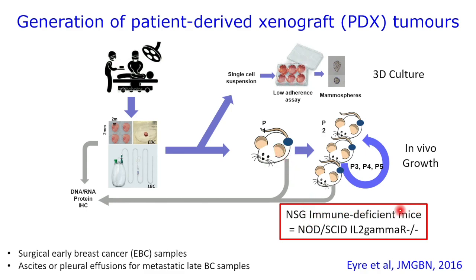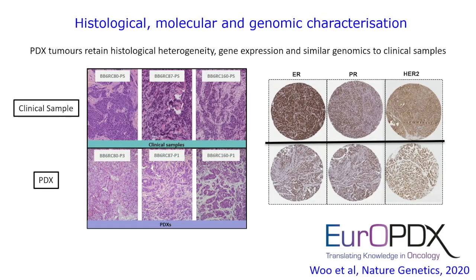We use these most immune deficient mice, the so-called NOD scid gamma mice or NSG mice, and then you can passage these patient-derived tumors through the mice. And so you can generate experimental groups to do placebo control type experiments. These have worked out to be very good models of the patient, although you can't generate them from every patient.